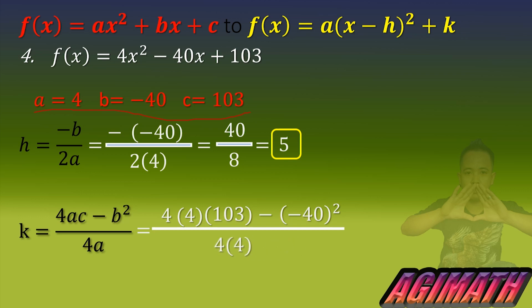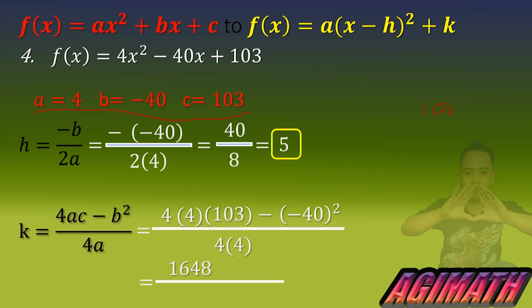And then on the denominator we have 4 times 4 times a. Next, we are going to have 4 times 103. Again, using our mental calculator, that is equal to 1648, because 4 times 4 is 16. 103 is 100 plus 3.